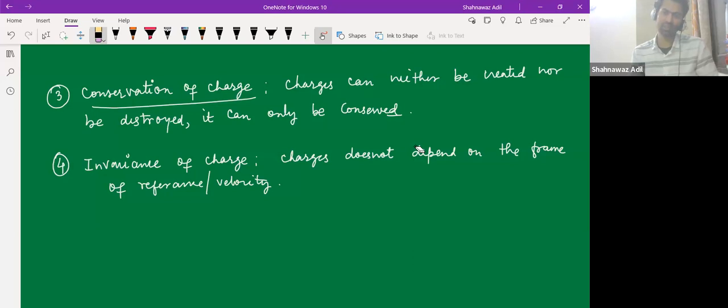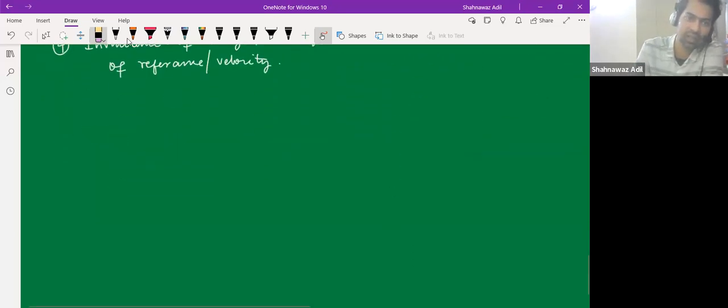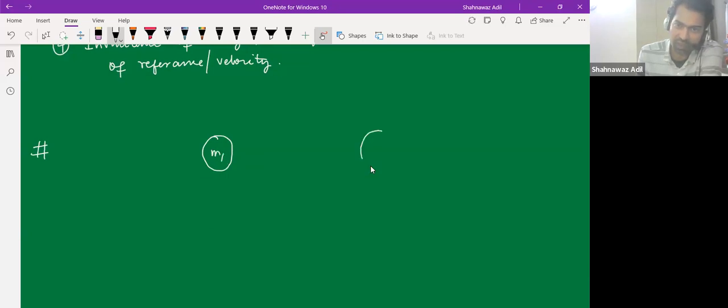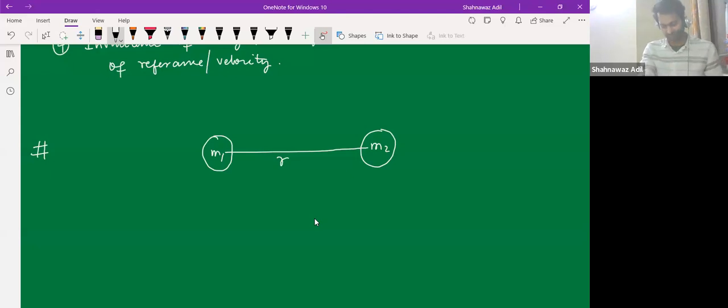Okay, so the next property of charge is that you guys have heard that if we have a massive body, and another massive body, and there's some distance between them, then they will feel this attraction, right?